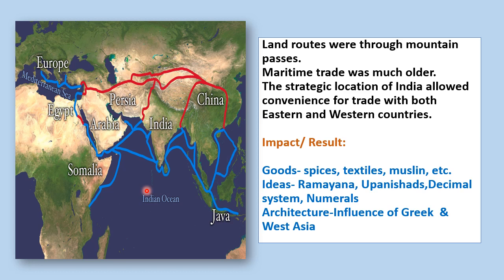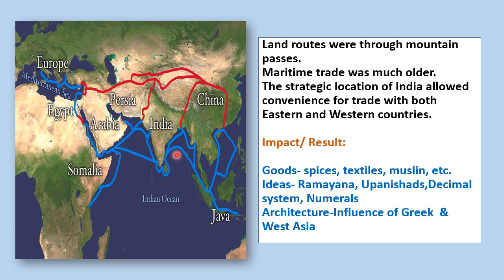If we consider land routes, then various passes across the mountains in the north have provided passages to the travelers. Now, be it the land route or the sea route, right?